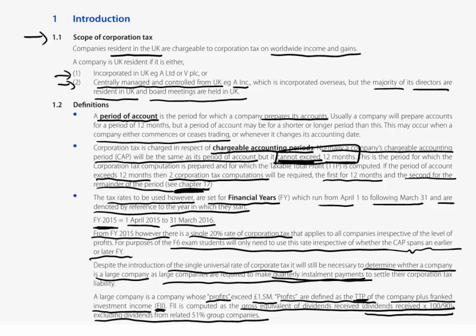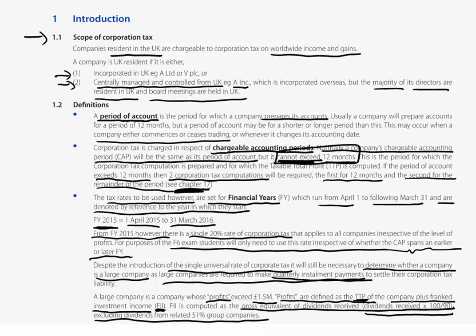Now, although that profit limit of 1.5 million that used to differentiate between which companies were large and which were not, although that is no longer important in the context of the tax rate that the company will be charged at, it is still relevant in terms of when the company will be required to make its payments of corporate tax.